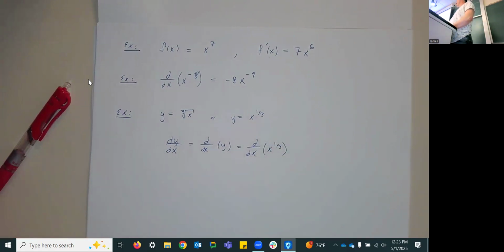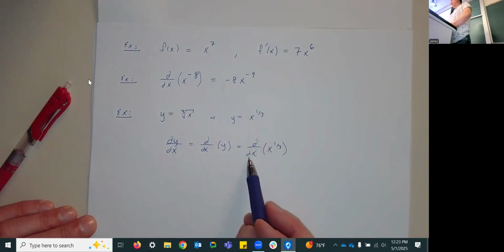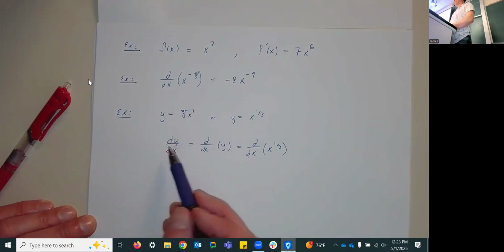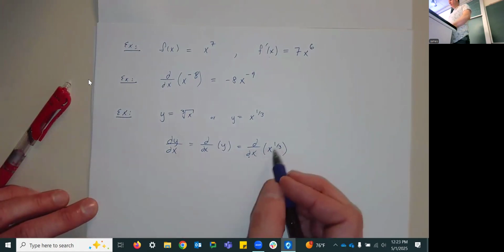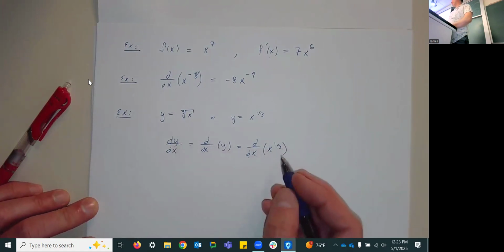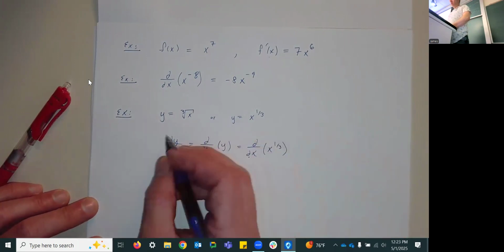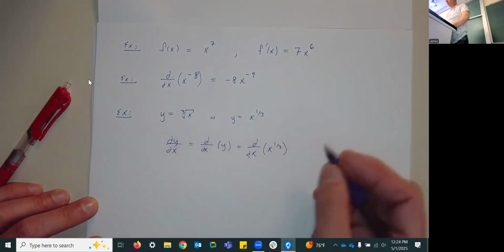You could write this as d(x to the 1/3)/dx, but no one should ever write that. It's totally normal to write dy/dx, like, I'm finding the derivative of y with respect to x. But then when we're actually finding it, we replace y with the function that we're actually differentiating. Or you could just skip all this and say y prime.